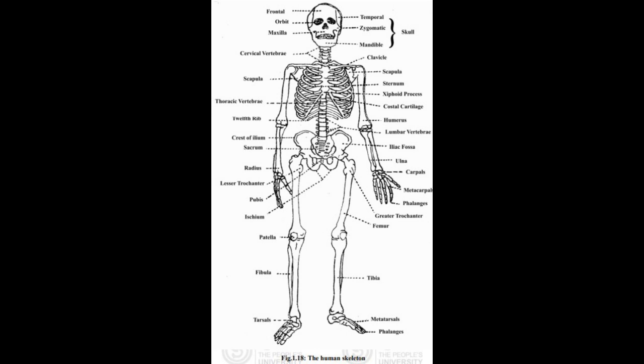1. The axial skeleton. The axial skeleton serves mainly to protect and support the internal structures of the body and consists of three main parts. Figure 1.18. The human skeleton. 1. The skull. The skull is a large bony structure consisting of the 1. Cranium and 2.